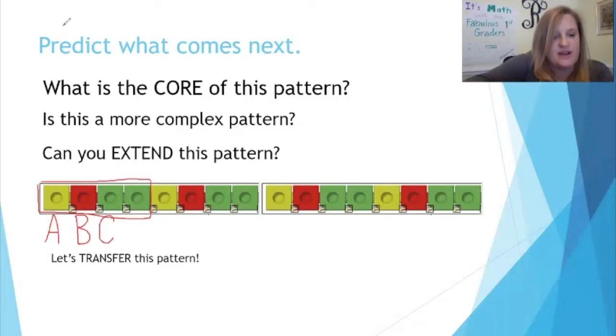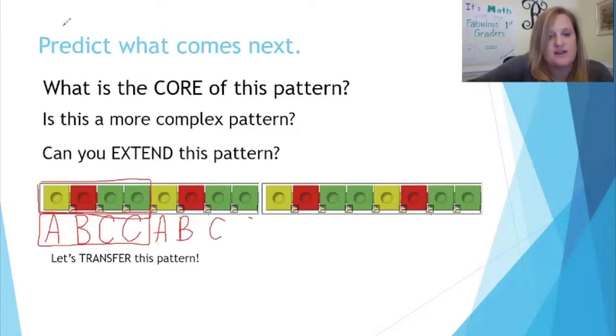Now here's the green again. What letter do I write every time I see a green? A C. So the core of this pattern, since this is the same pattern, is going to be A, B, C, C. So I have a yellow, which is A, red is B, green is C, green is C. So I have A, B, C, C. Now I'm repeating.